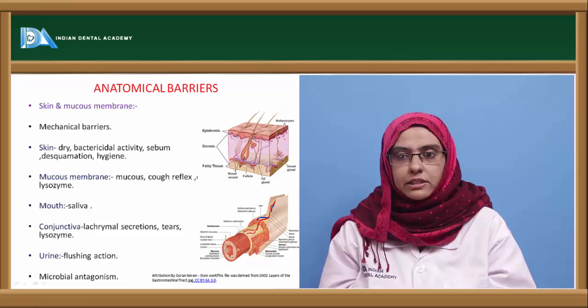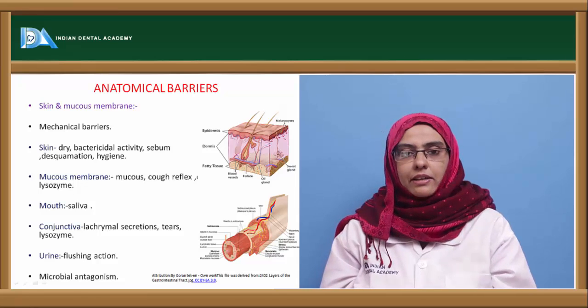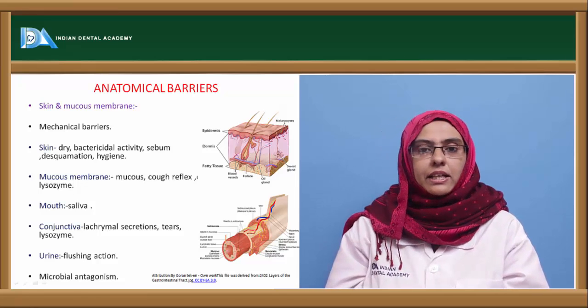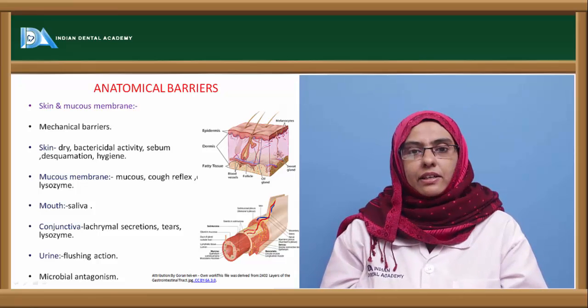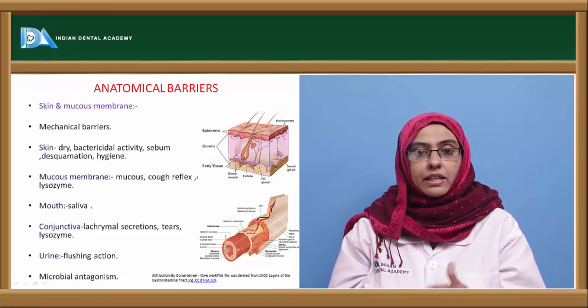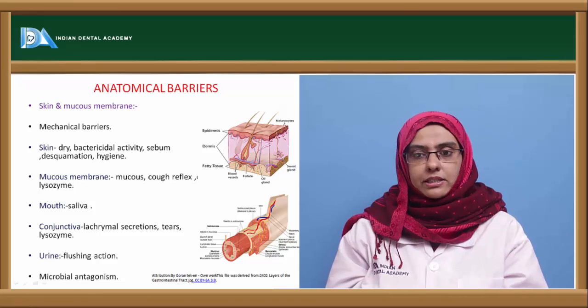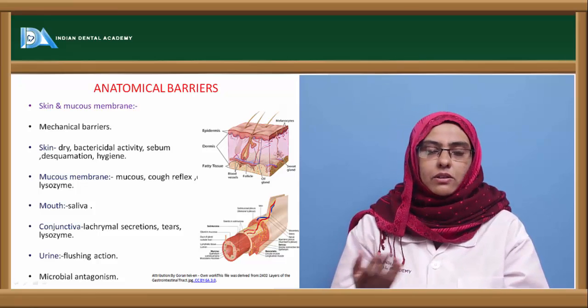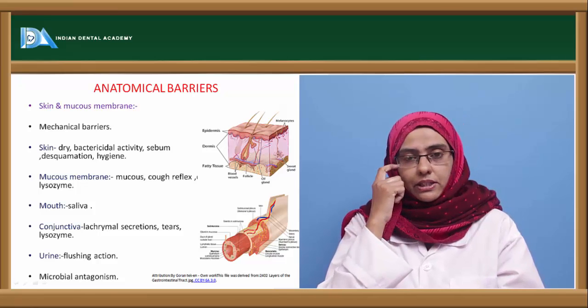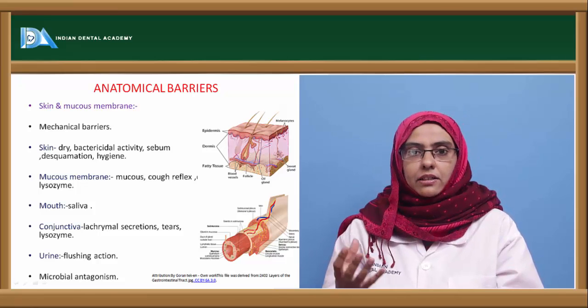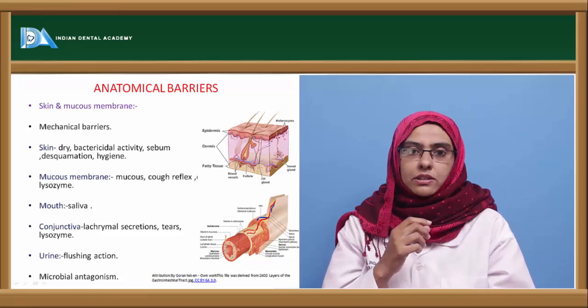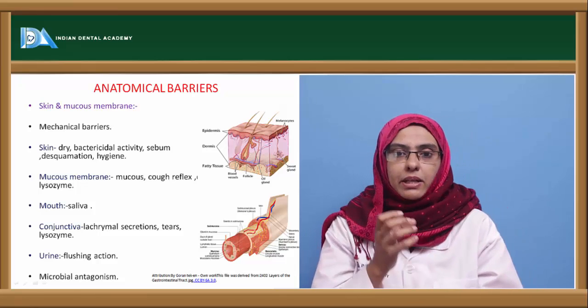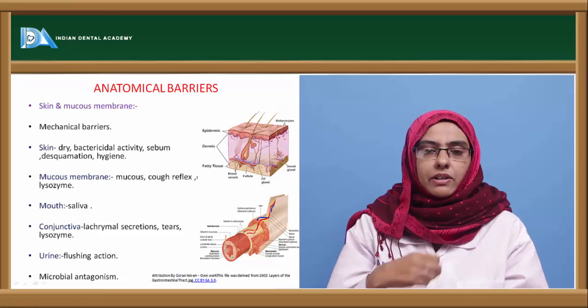In the mouth it is saliva. If the organism is trying to gain entry through the mouth, it is the saliva that contains lysozyme and different enzymes that will kill the organism. And if the organism is trying to gain entry via the nostrils or the nose, the organisms are first collected at the nostril orifice, and they are taken up by the mucus again to the stomach, where they are killed.